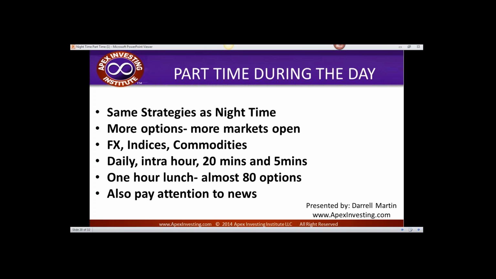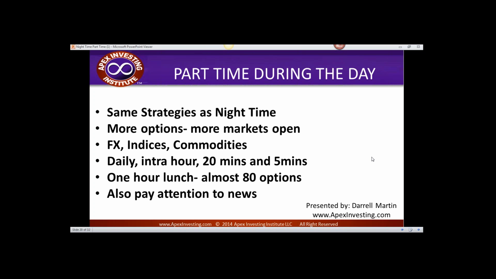Shot, yes, that is correct. JP, yes, 10 a.m. to 4 p.m. on the 20-minute binaries for the US stock indexes. I believe the first one starts at 9:40 and expires at 10 a.m. Then you've got another one that expires at 10:20, 10:40, 11, and so on.